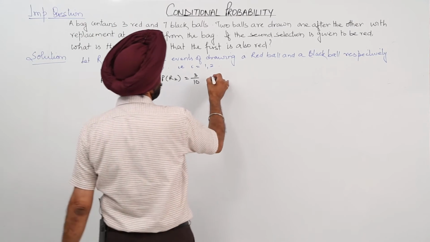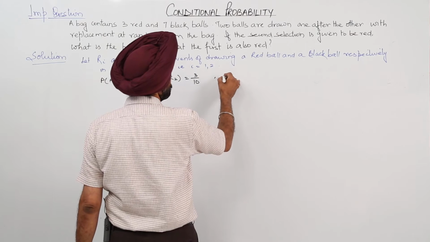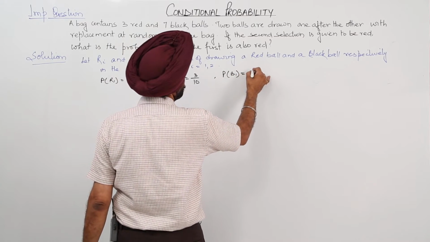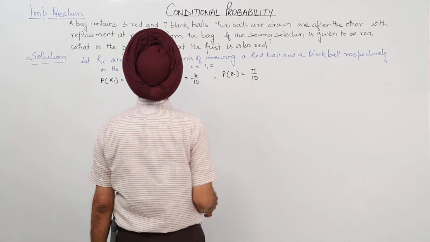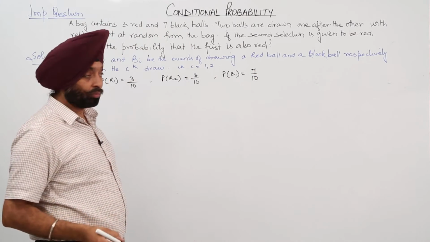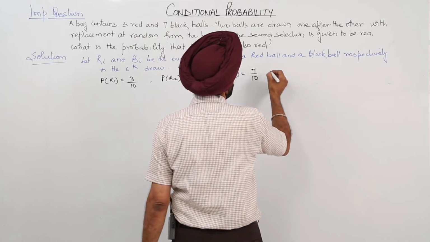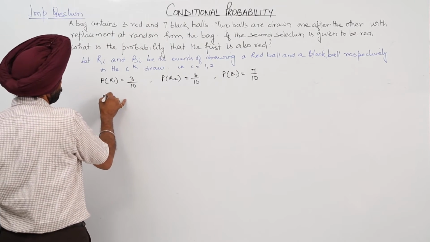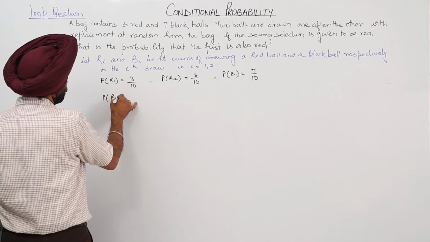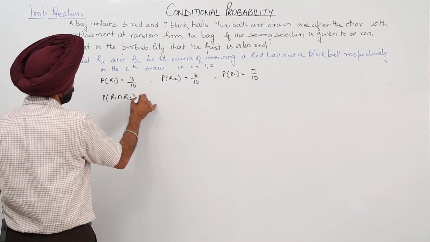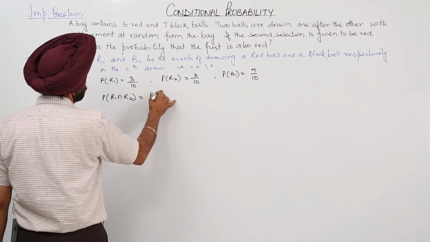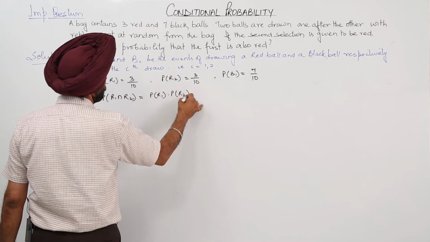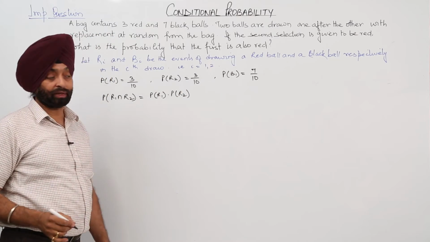Then we are having probability of black ball in the first attempt, that is 7 upon 10. 7 black balls with total number of balls 10. And now probability for R1 and R2. Now this can be written as probability of R1 times probability of R2, as these are two independent events.